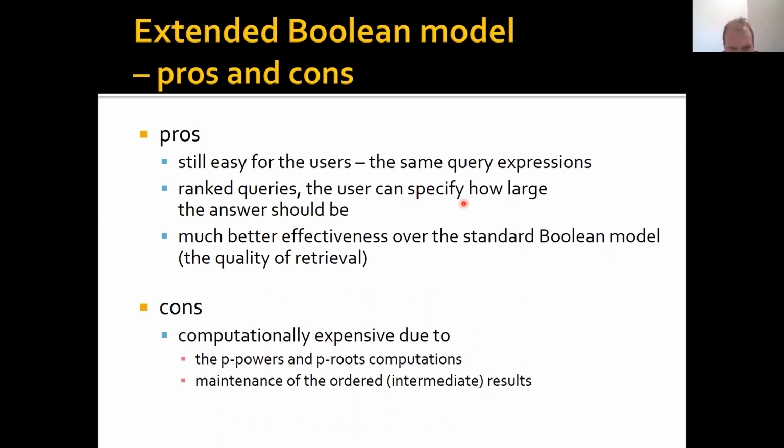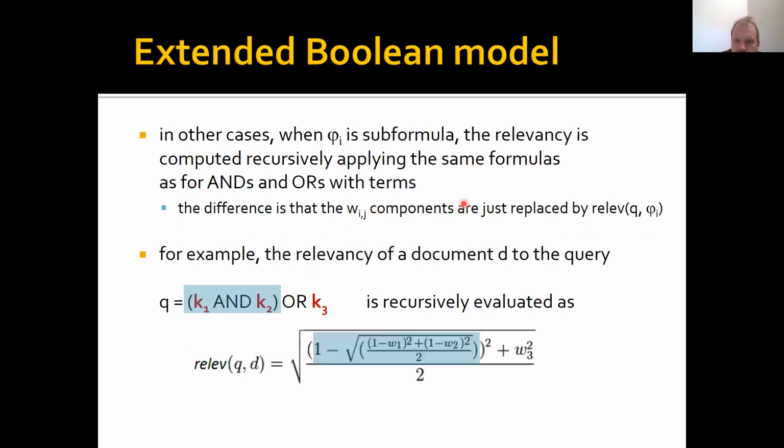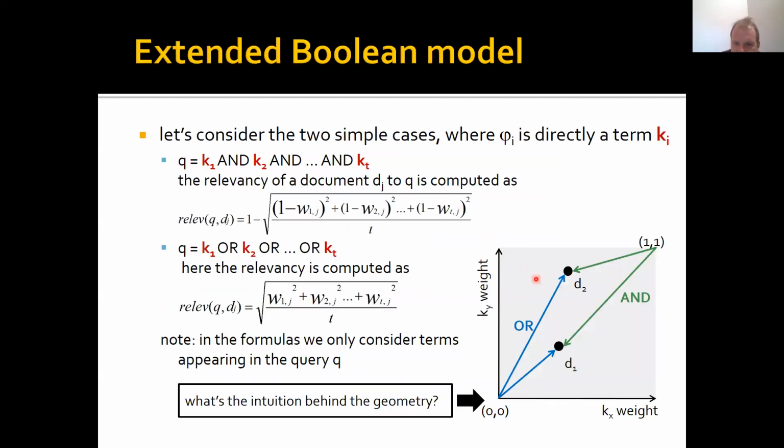So this is good. There is also more delicate matching of the expressions, because the ANDs and ORs have real valued interpretations, and there is more information in the term weights, because we also include frequencies of the terms in the document, which was ignored in the normal Boolean model.